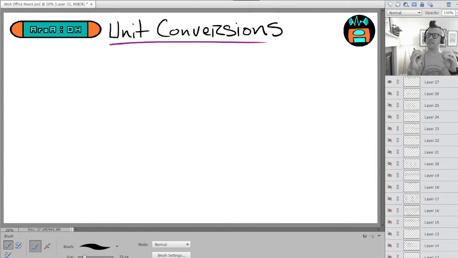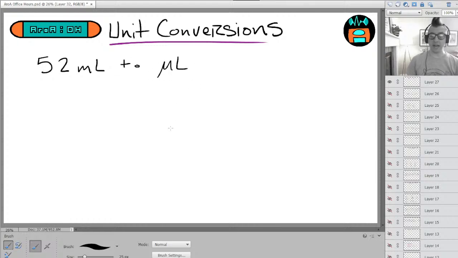But let's look at an example where we convert from a unit with a prefix, like, for example, let's convert 52 milliliters to microliters, right? And here we've got 2 modified units because we've got milliliters and microliters.